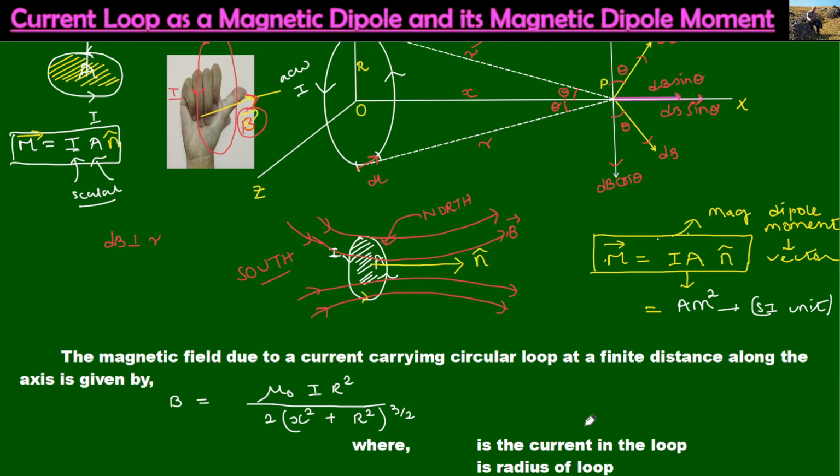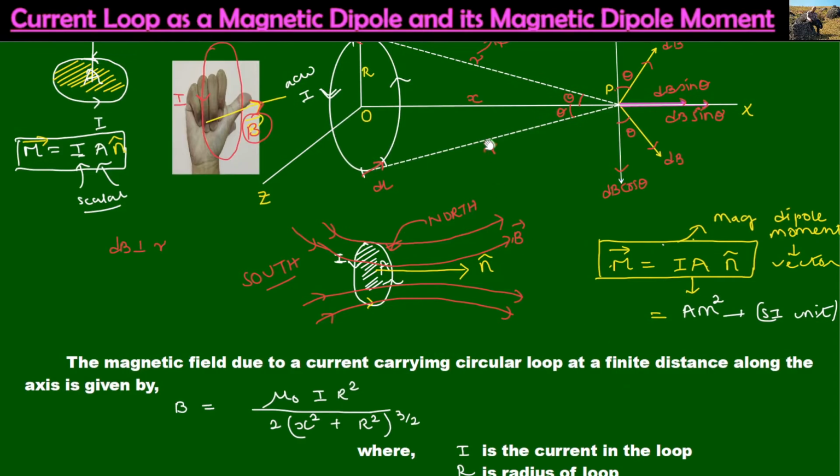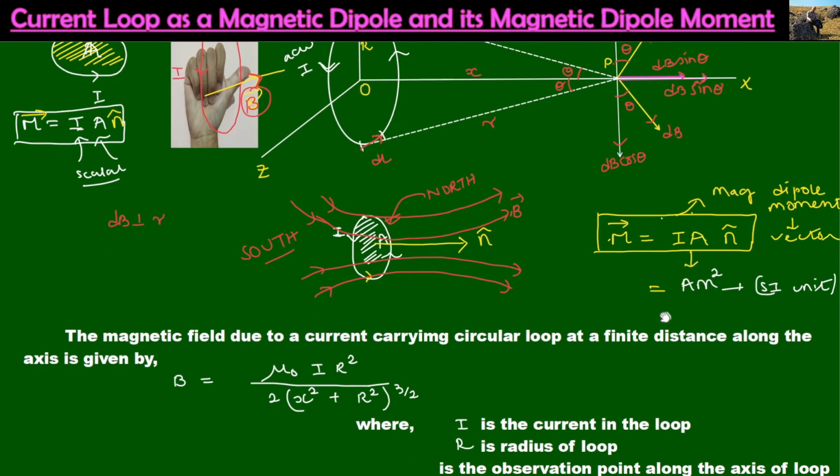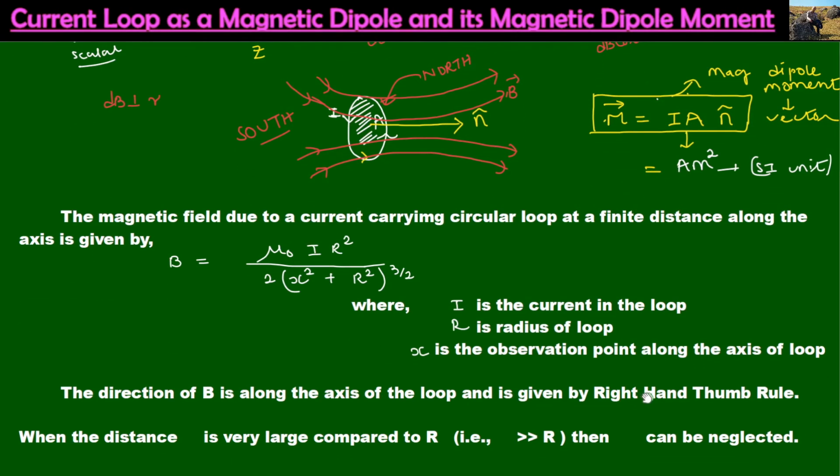This is the expression we deduced previously, where I is the current on the loop, capital R is the radius of the loop, and x is the distance of the observation point from the center, along the axis of the loop.